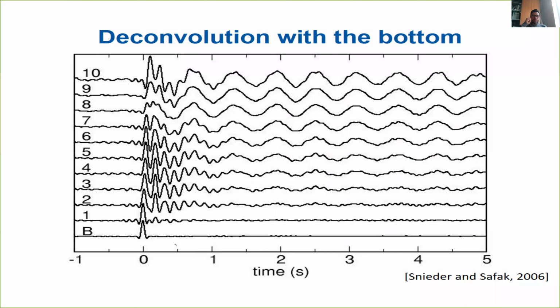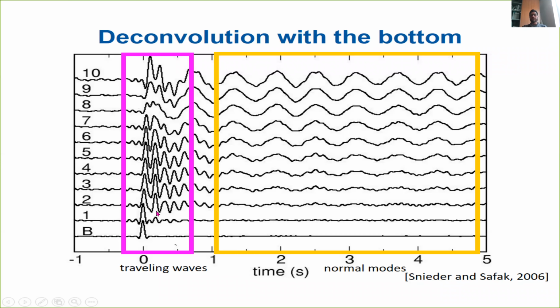If we come back to the analysis using the station in the basement as the reference, like we said before, we can identify two different parts in our Green function.